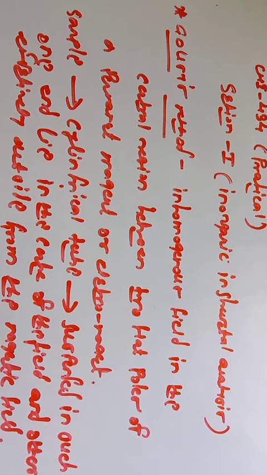And second, the sample is filled in the form of a cylindrical tube, which is suspended in such a way that one end of this tube is in the center of the field and the other is effectively outside from that magnetic field. So there is no effect of the magnetic field on the other end of this tube.